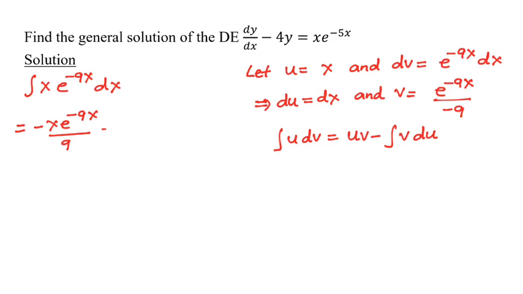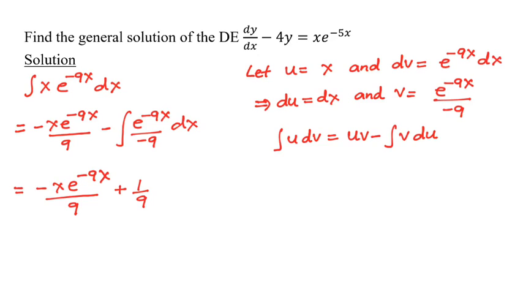And minus integration of v du, your v is e to the negative 9x over negative 9 dx. First one, we have negative x e to the negative 9x over 9. Then negative divided by negative is positive, you can write 1/9.